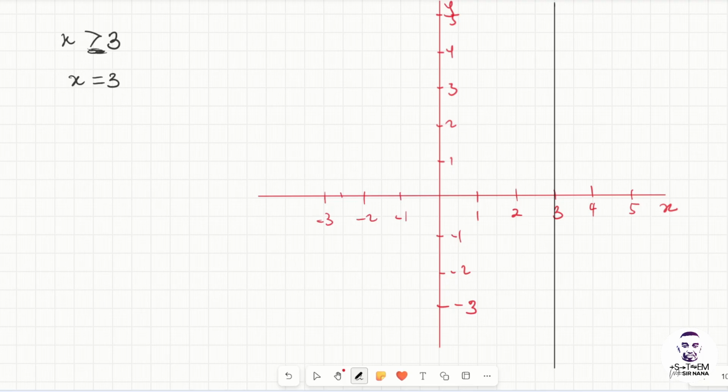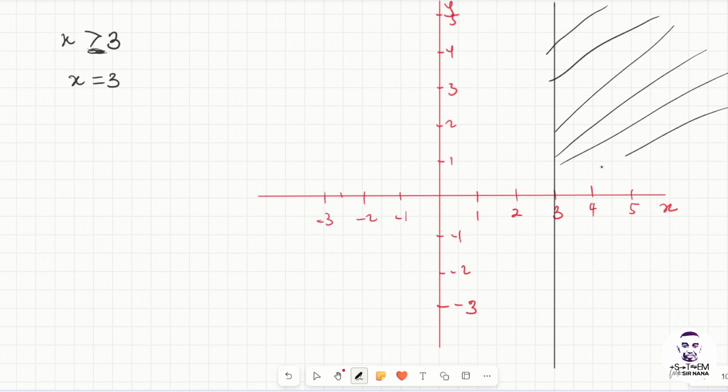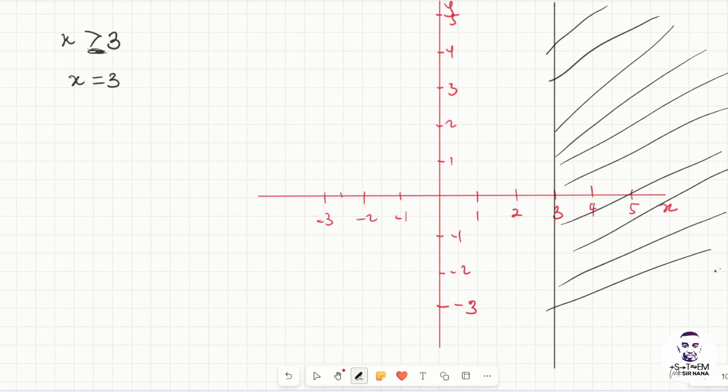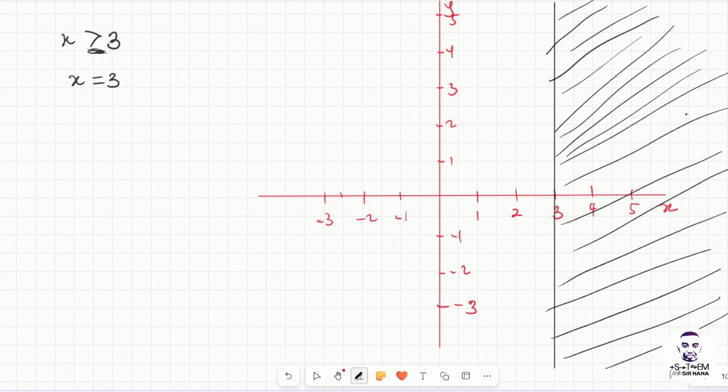So we shade this side, and that represents the solution to the linear inequality in one variable, x is greater than 3.